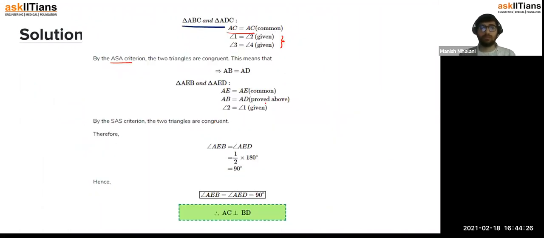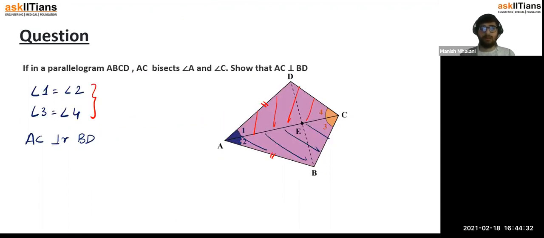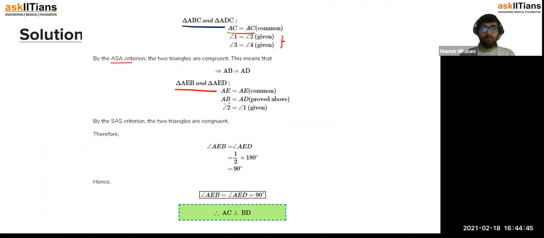Similarly, we will also say that triangle AEB and triangle AED, they are also congruent because now they have one common side, they have the other side, and it is also given that AC is a bisector. AB equal to AD as proved above, right?